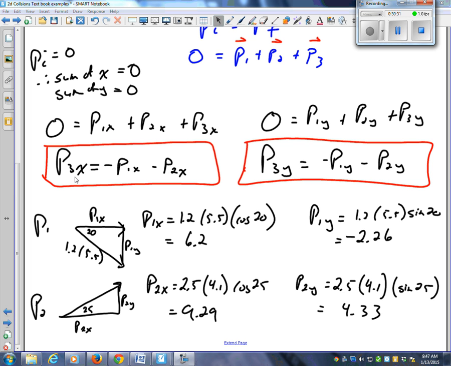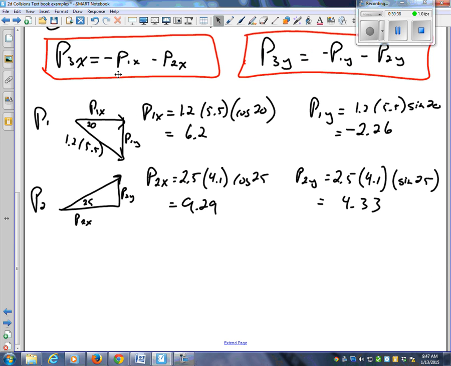So P3x is the negative of this, subtract the negative of that. I'm going to write P3x is minus P1x minus P2x, and then I'm going to do it. Minus 6.2 subtract minus 9.29.